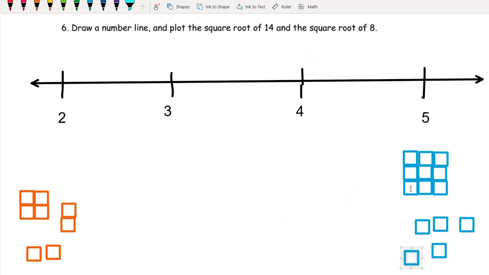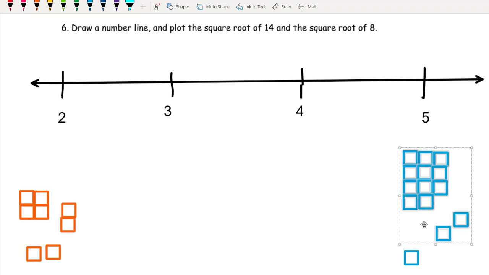So I've got 9 squares right here, and then here's 10, 11, 12, 13, 14. Okay, now if I take these and try to add them up here, I won't have a square anymore. I think you get the idea. So I'm going to take these away and just put them to the side, because if I put them with my square, I won't have a square anymore.